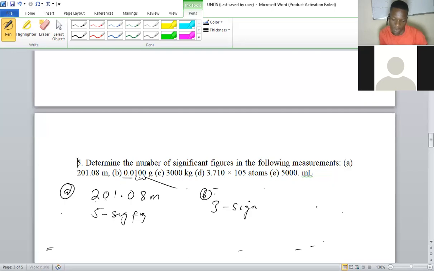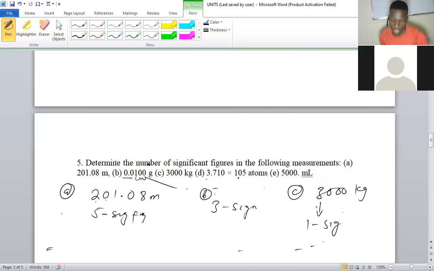And then on C, 3000 kg. We have 1 significant figure. Only 3 is significant. We've looked at these things.